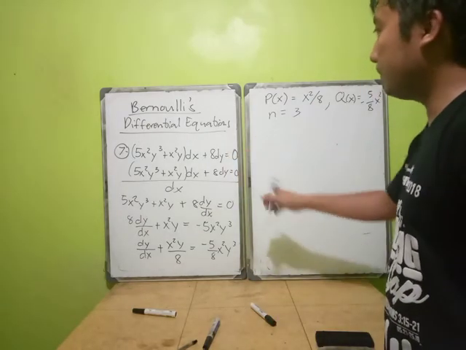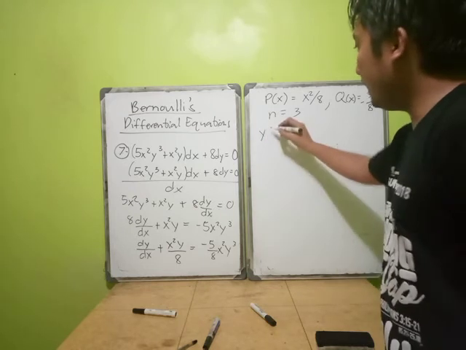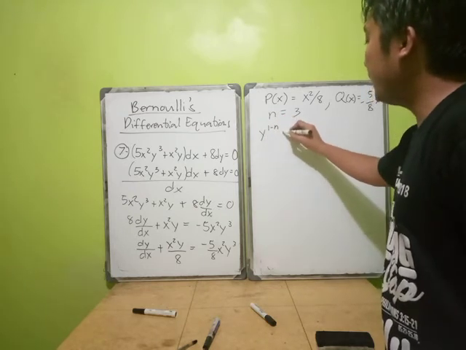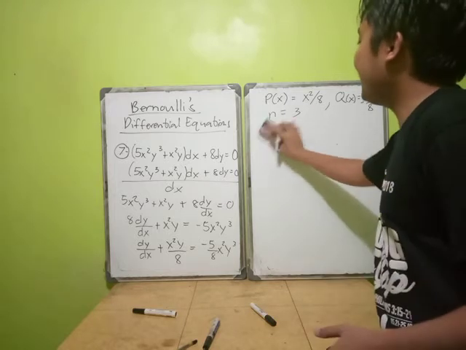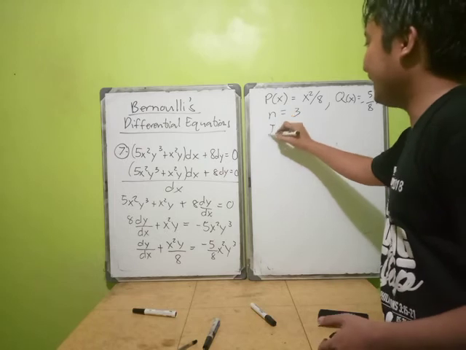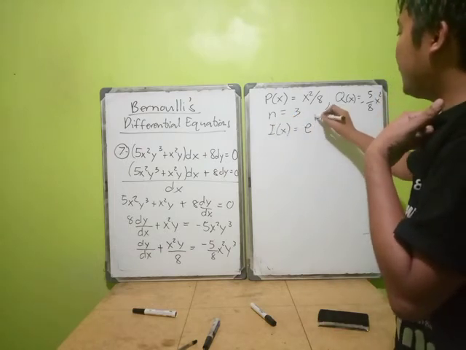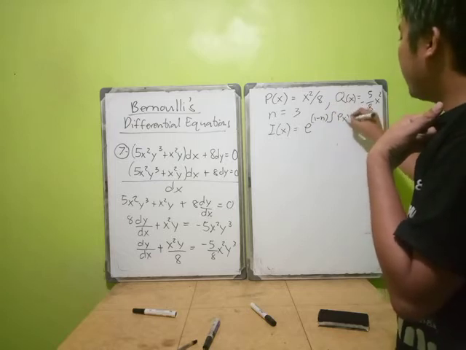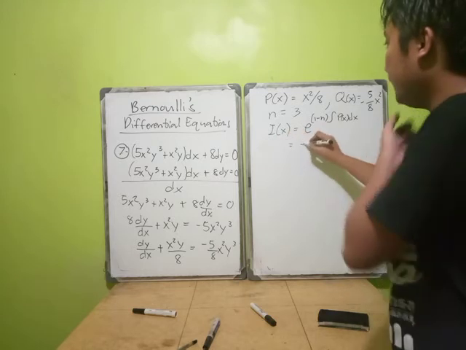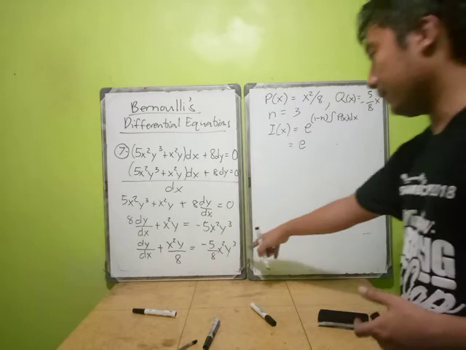So, yung template na solution dito is obviously yung y to the power of 1 minus n. I know. Meron pa tayong nalimutan. Solve muna natin si Ix pala. So, si Ix is equal to e to the power of 1 minus n integral of px dx. Okay? So, si px natin is... 1 minus n. Yung n natin is 3.